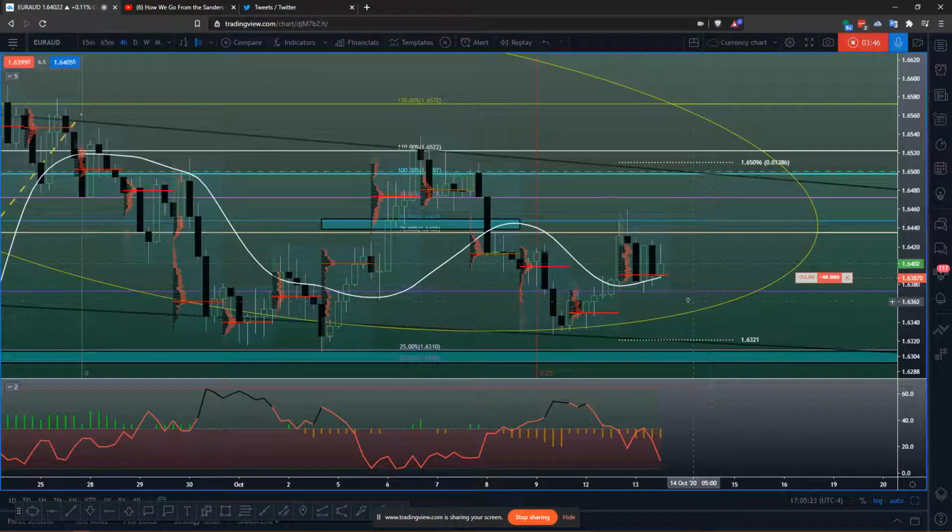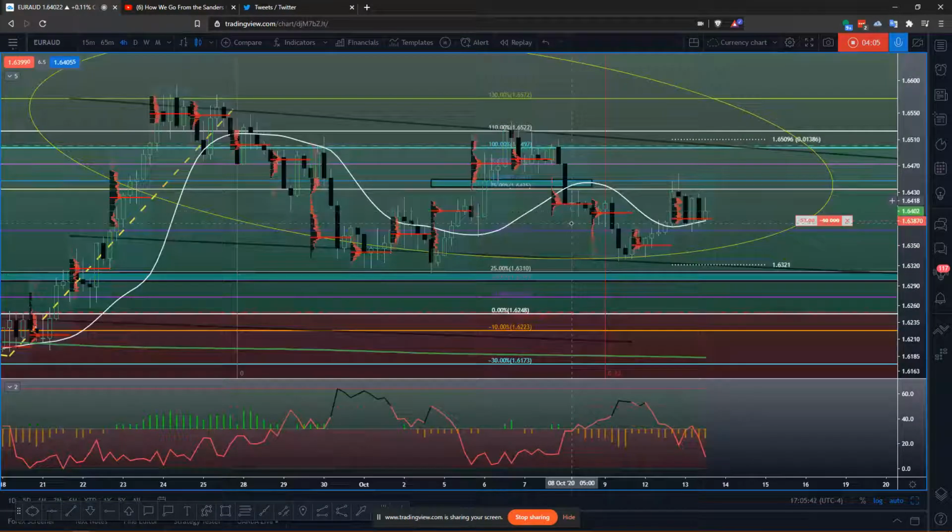1.65 area. We see that we had a rejection at the 1.10 area, which is directly 25 pips above it. Now, following the system that I use, this says that this is a complete fail of trying to close above this area.